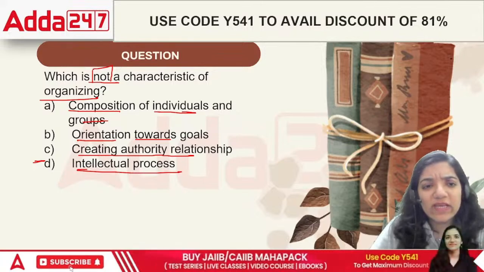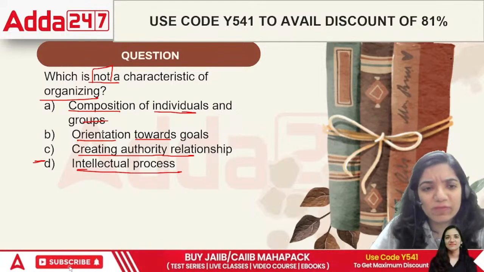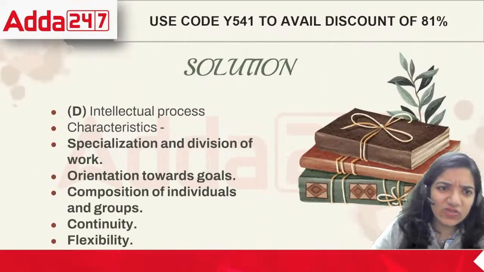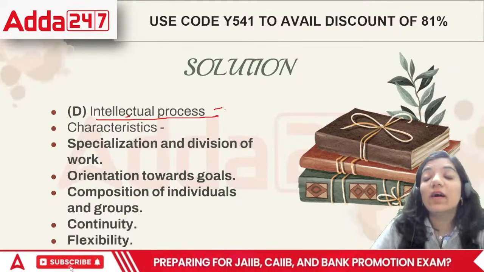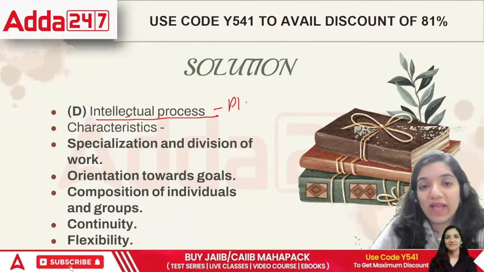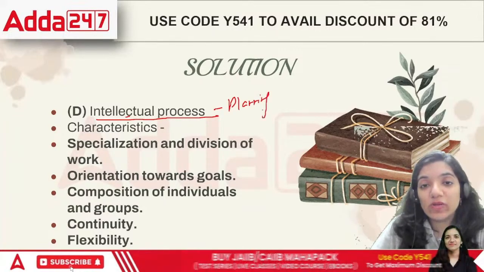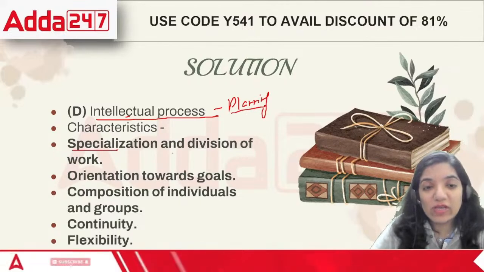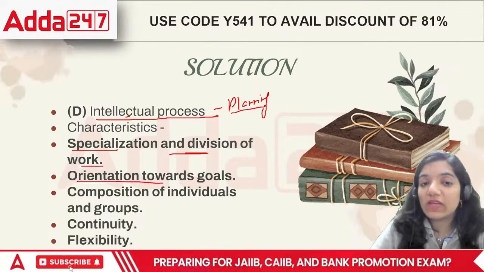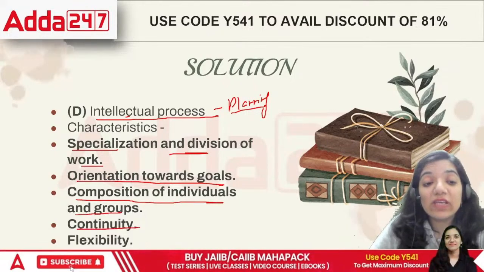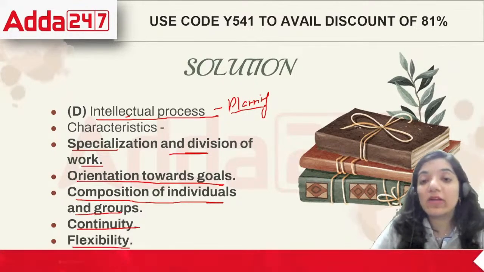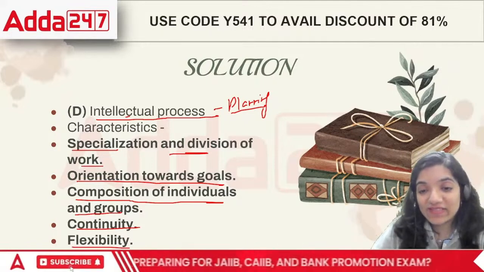Orientation towards goals, creating authority and responsibility relationships are important. Intellectual process is not a characteristic of organizing. Intellectual process is basically planning. Planning can be called an intellectual process. Specialization and division of work, orientation towards goals, composition of individuals and groups, continuity, flexibility are all characteristics of organizing. Right?